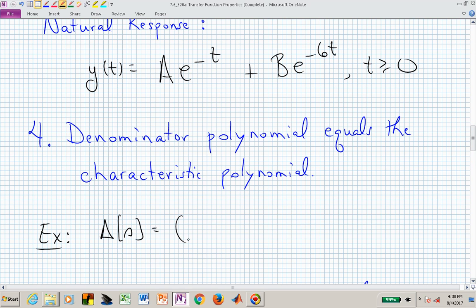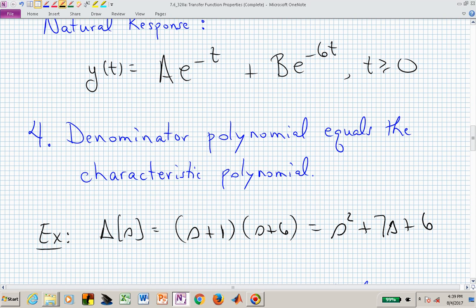In our example, we had a denominator polynomial in factored form given by the product of the factor s plus 1 times the factor s plus 6, or you might see that written as s squared plus 7s plus 6. That's now the characteristic polynomial that gives you the characteristic behavior of that circuit.